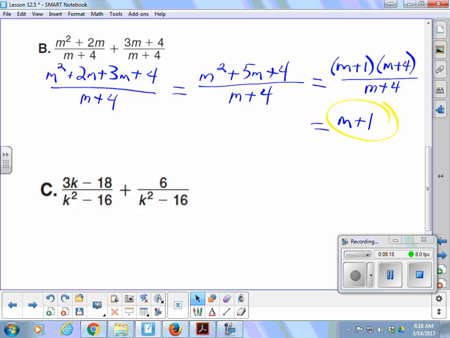Don't forget the 3k. Now, this should be plus 4 and minus 4, right? So you're going to have to factor that too.